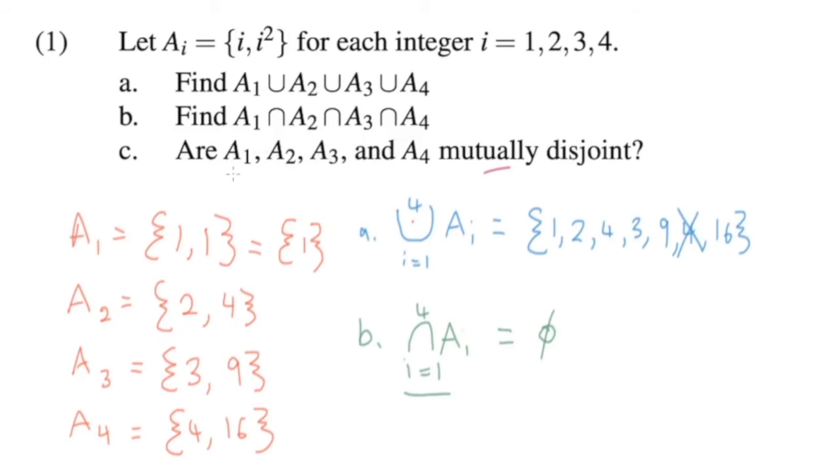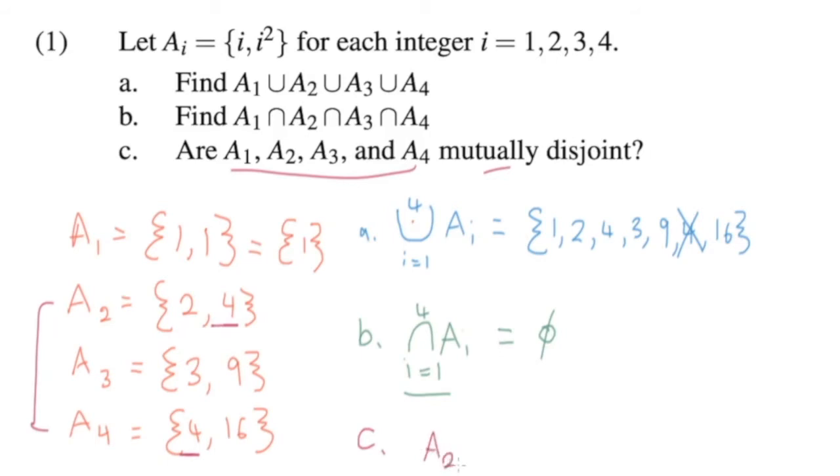So to disprove that some set of sets is mutually disjoint, all we need to do is find just one pair which is not disjoint, which has a non-empty intersection. It has something in the intersection. And we can see that A2 and A4 both contain 4.